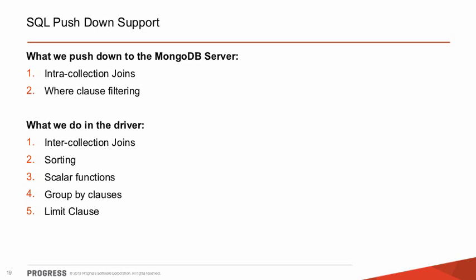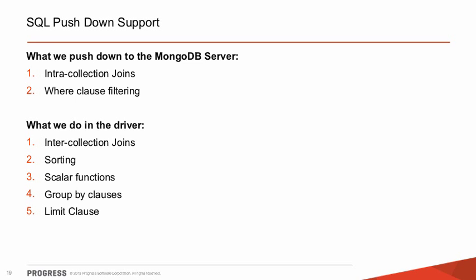So it's lightning fast. And where there are predicates on the where clause of the incoming SQL, we can pass that down as find queries to MongoDB to ensure that MongoDB is exploiting all of the great power and expressivity and performance that it provides.